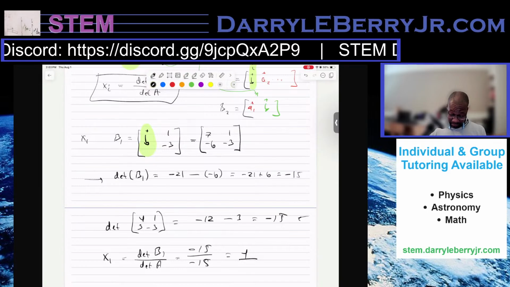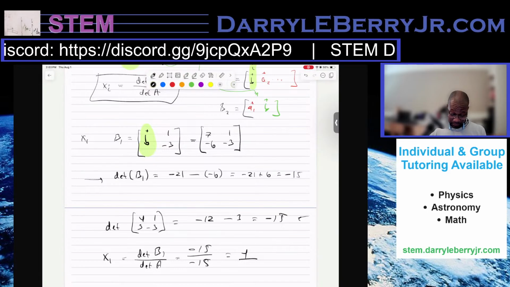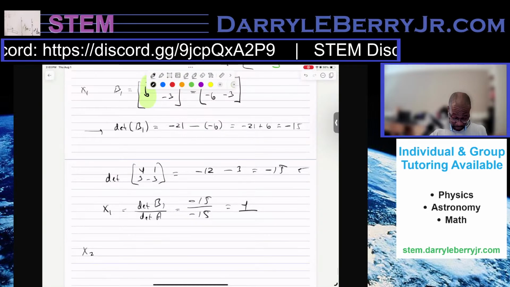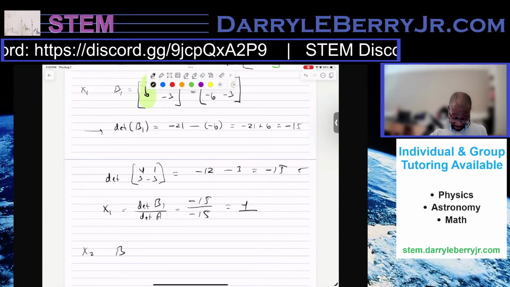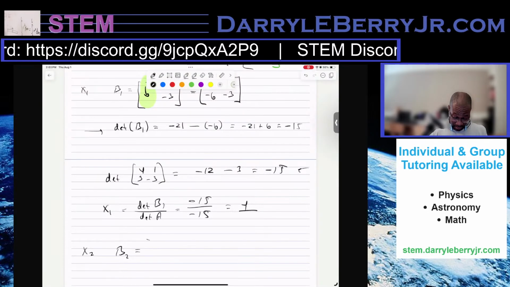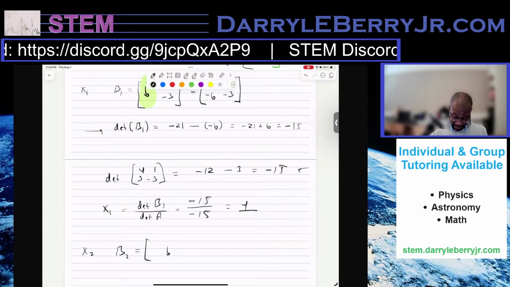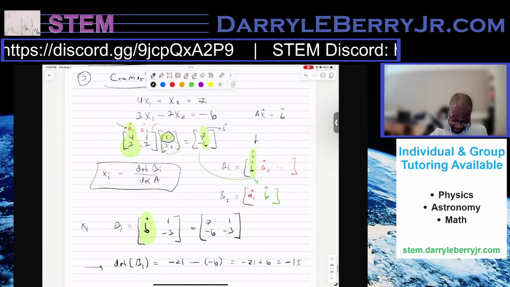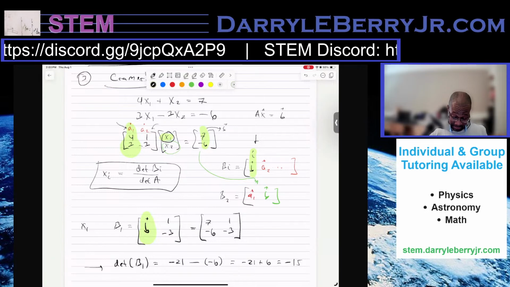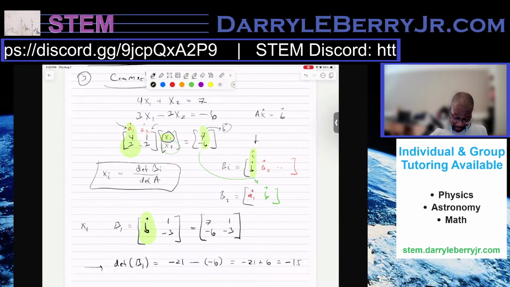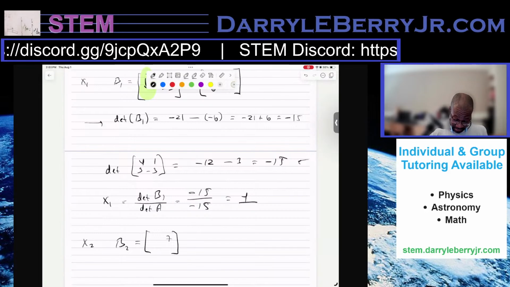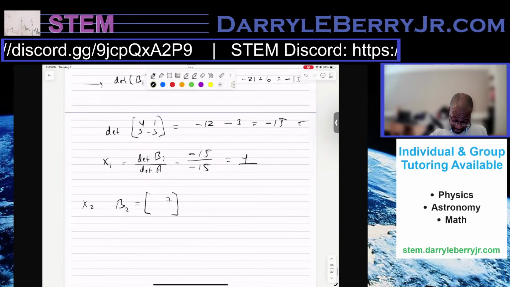So x1 is 1, and now I do the same thing. I want x2, so I need B2. I know I'm going to have to put b in the second column, because I labeled that A2. So I need to put b where A2 lives. So b is going to be here, 7, -6.